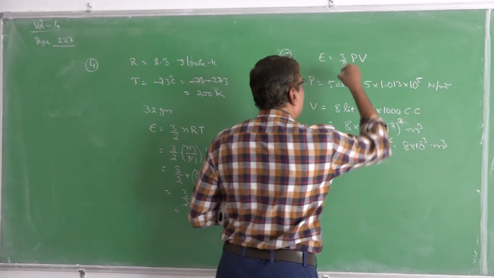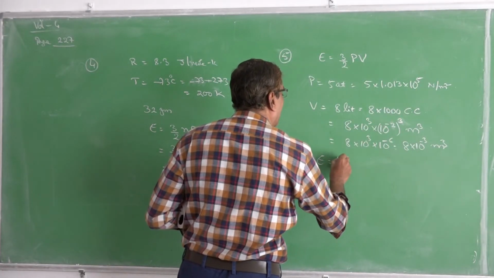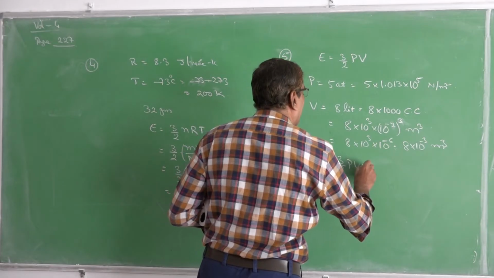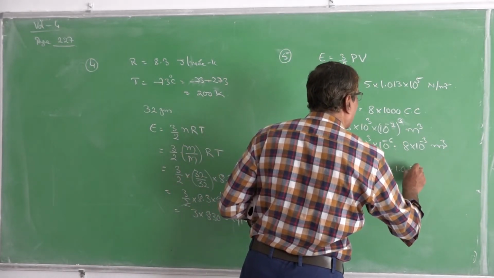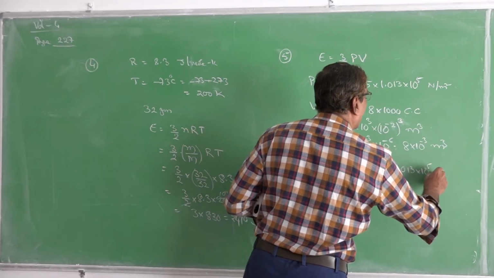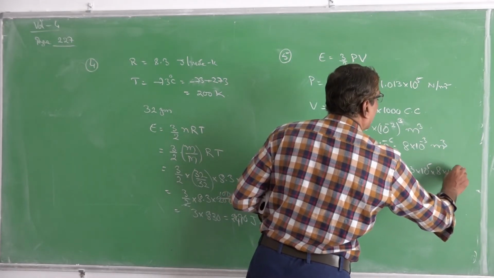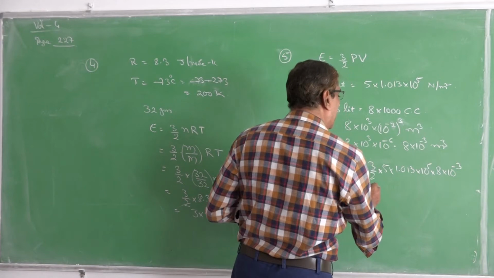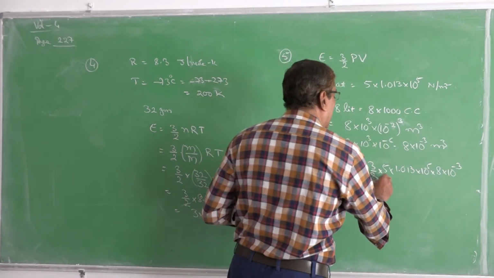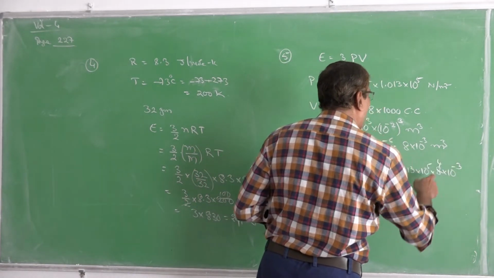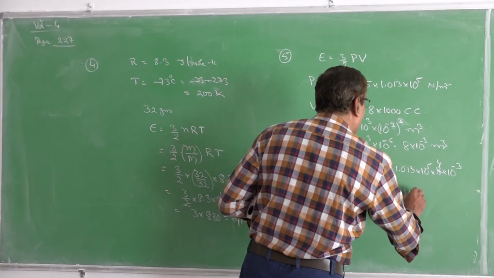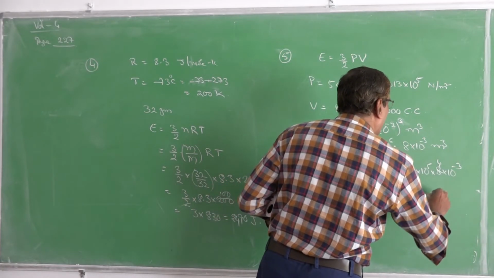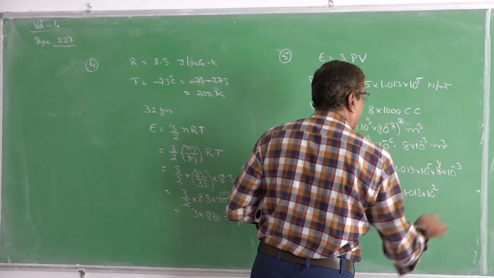Now substituting in this equation, E is equal to 3 by 2 PV, that is 3 by 2 into 5 into 1.013 into 10 to the power 5 into 8 into 10 power minus 3. 4 into 5 is 20, so 3 into 20 into 1.013 into 10 to the power 2, with the powers 5 minus 3.